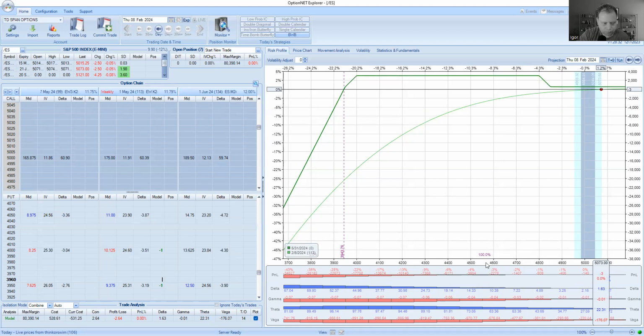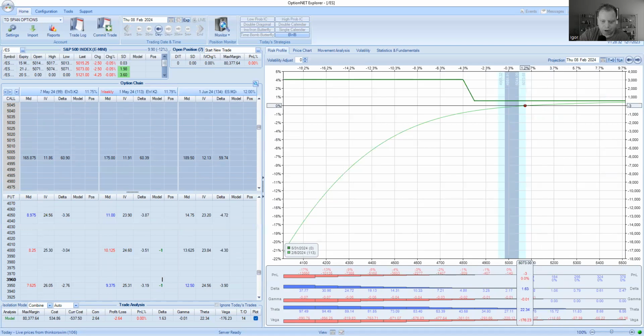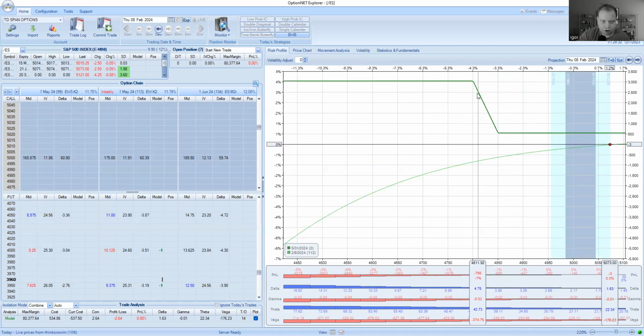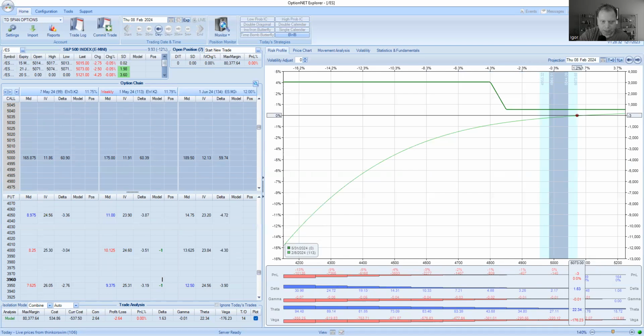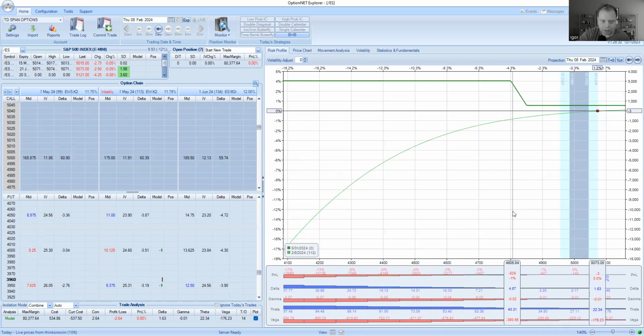So 550 is my tail profit. Inside of the trap, it's 2,500 plus 550, so about 3,000. And my stop is at any time this trade is down 3 grand, it's time to take this trade off and move on to the next trade. So my stop is going to be somewhere around 45.50.